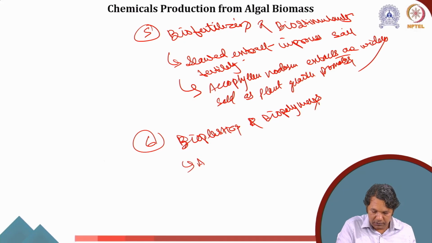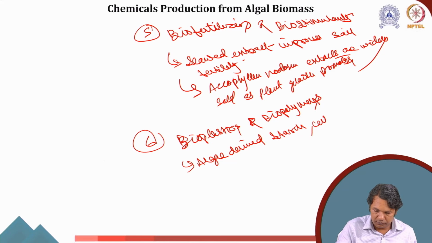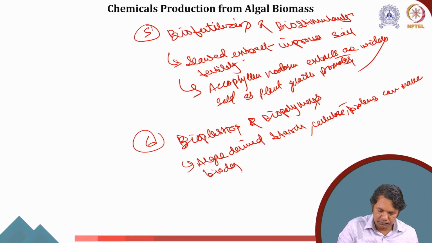For example, algae derived starch and cellulose proteins can make biodegradable plastic. Okay.